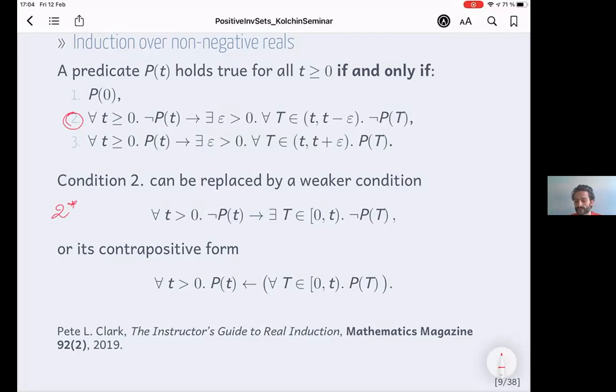In the standard induction, the hypothesis is on k, and you prove it for k plus 1, and you're done. Here, it's more or less the same idea. We can weaken the condition 2 a little bit. We have a condition 2 star, or we take it in its contrapositive form. But the idea remains the same. It's simply that this induction over the non-negative reals I'm presenting here is more suitable for my purpose afterwards.